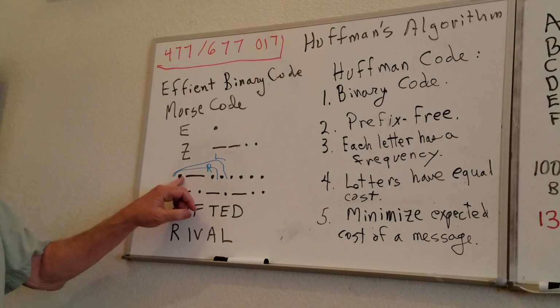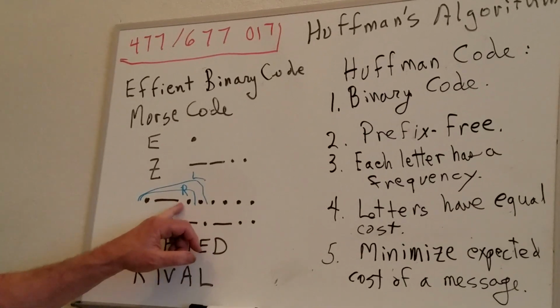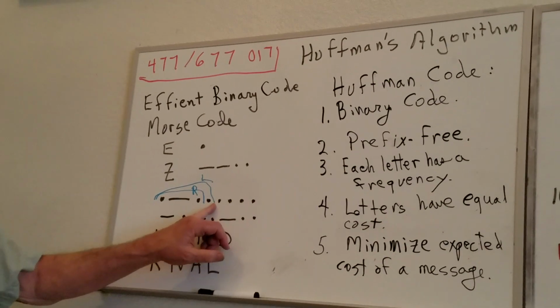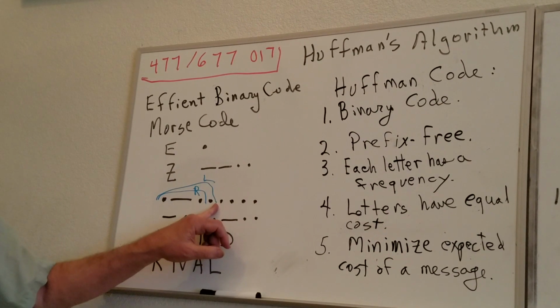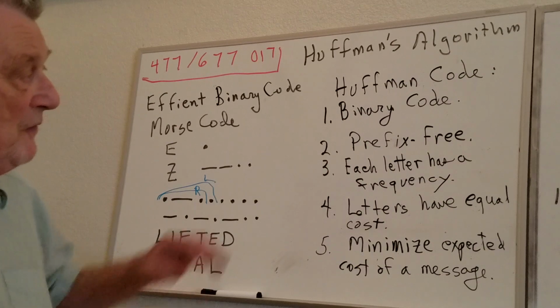Here you could stop and make it an E. Here you could make it an A. Here you could make it an R, and here you could make it an L. You just don't know where to stop. And the reason is because some strings are prefixes of other strings.